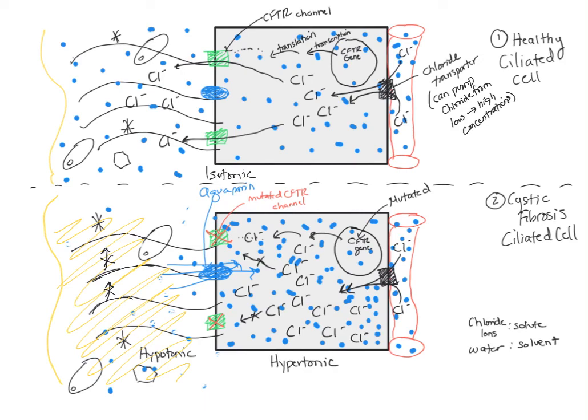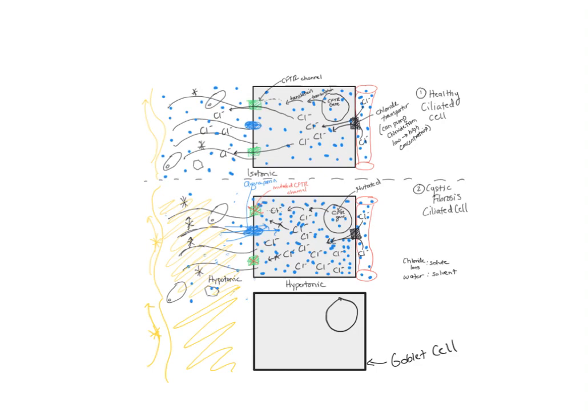Whereas normally up here we have a ready mucus flow, but down here that flow is blocked because it's too thick. Okay, so not only does that mucus become thicker because the water is leaving the mucus, and because of that the cilia can't push it up the airway.